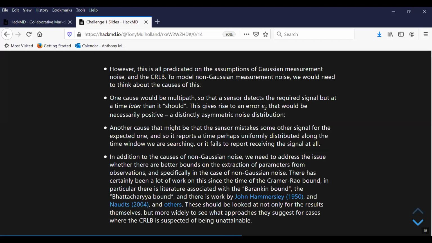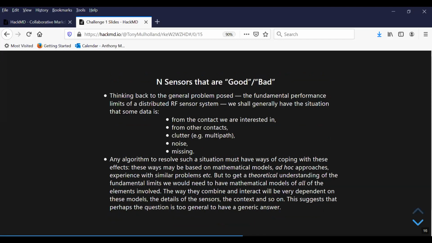There are going to be errors in the timing that are not Gaussian. There's also quite a bit of literature going back over quite a time on better lower bounds than the Cramer-Rao bound, some of which I've listed here. I think we should press on. So can we go to the next slide, please?